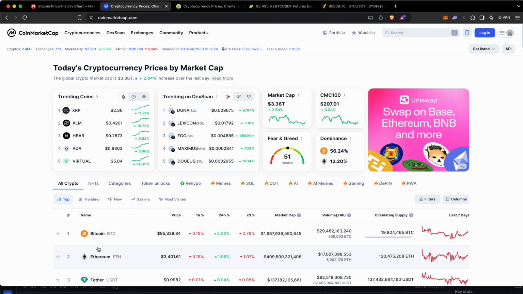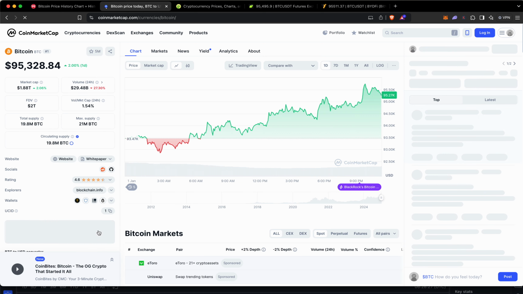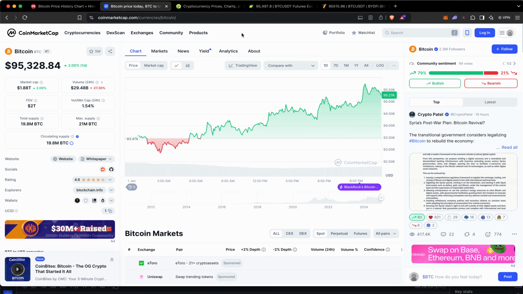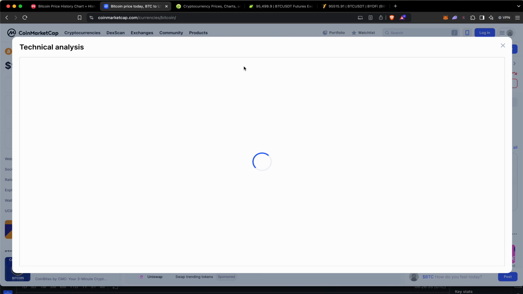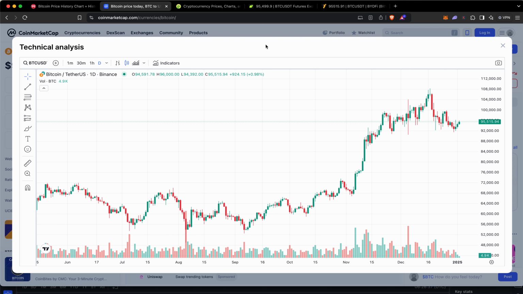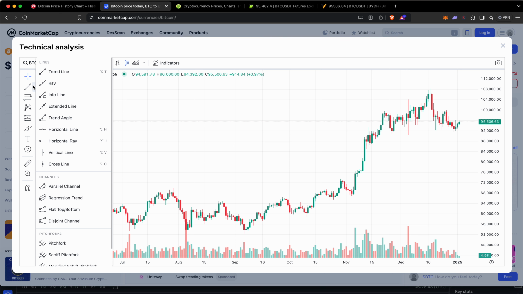But also, when you click on any of these cryptos, and not all of them will have it, but a lot of them have this TradingView chart that you can use to start learning some technical analysis, or TA for short. There's a lot of tools that you can use.